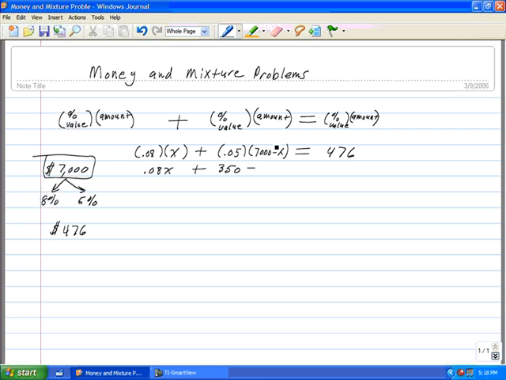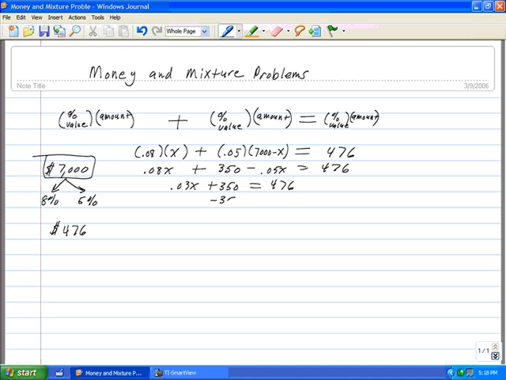Then minus, still distributing here, the 0.05x, and that's equal to your 476. So we combine our like terms. I get 0.03x plus 350 equaling 476.